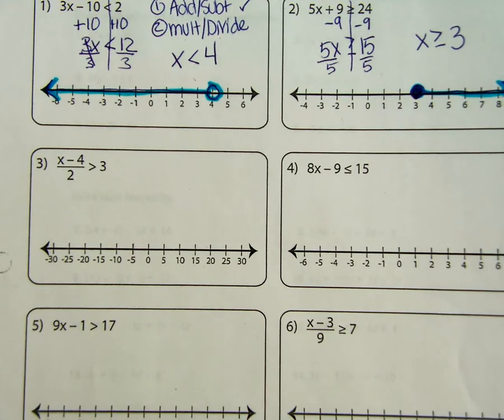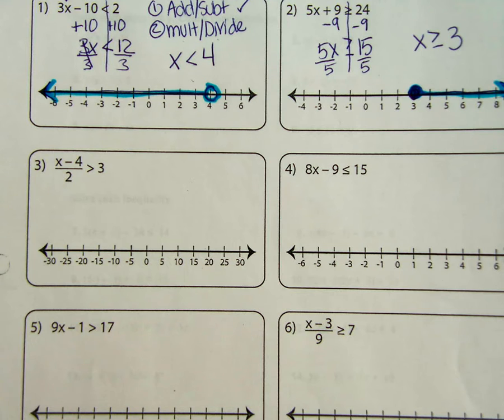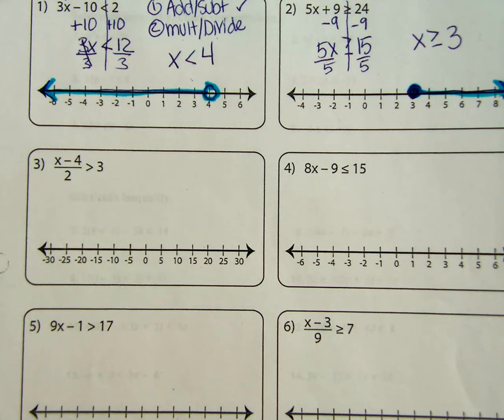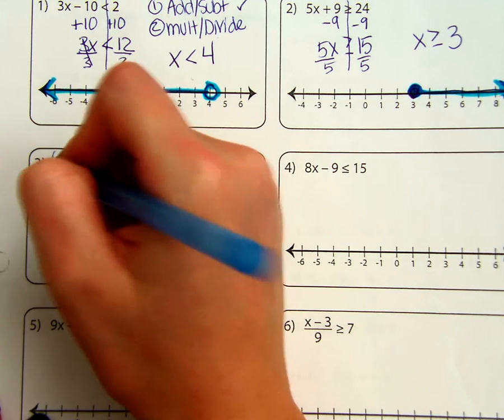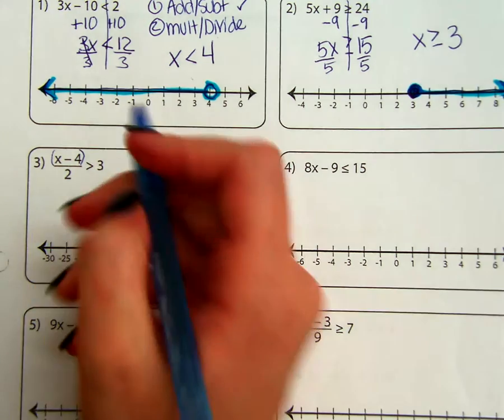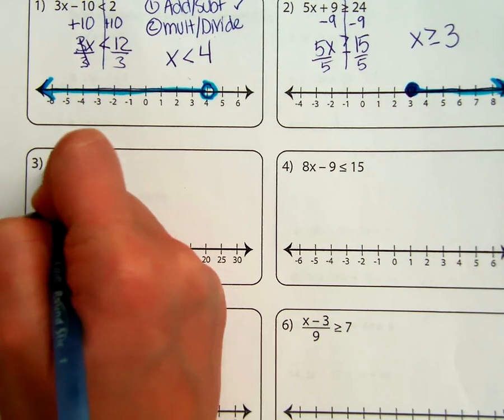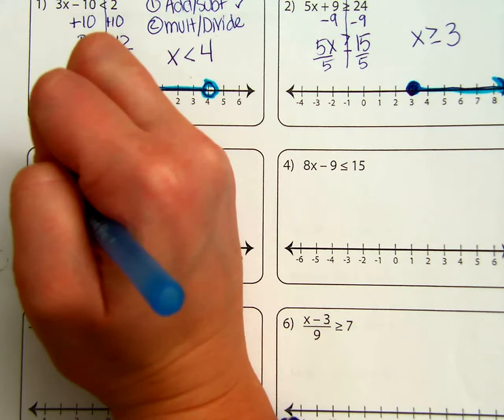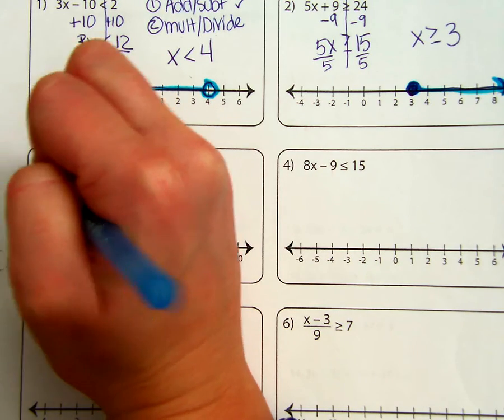This next problem is a little tricky. When we have a division bar, it's like when we do fractions. We need to get rid of it because these are kind of considered in parentheses, so we can't break those apart just yet. So when you have this big division bar, in order to get your variable alone, you need to multiply both sides by 2.